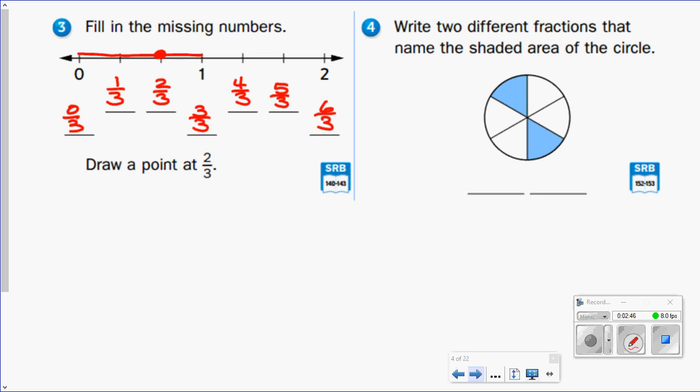Number 4, you are to write 2 different fractions that name the shaded area of the circle. So I can count. I have 1, 2, 3, 4, 5, 6. So 6 total parts, and 2 of those parts are shaded in. So if I took those 2 parts and put them together, then that would give me thirds. I would have 3, so I'll put these 2 together, these 2, and these 2.